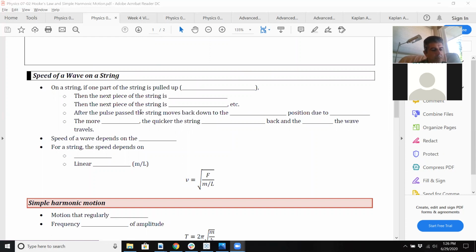So speed. I'm not sure what's meant by the first bullet point here. But the speed of a wave depends on the medium.